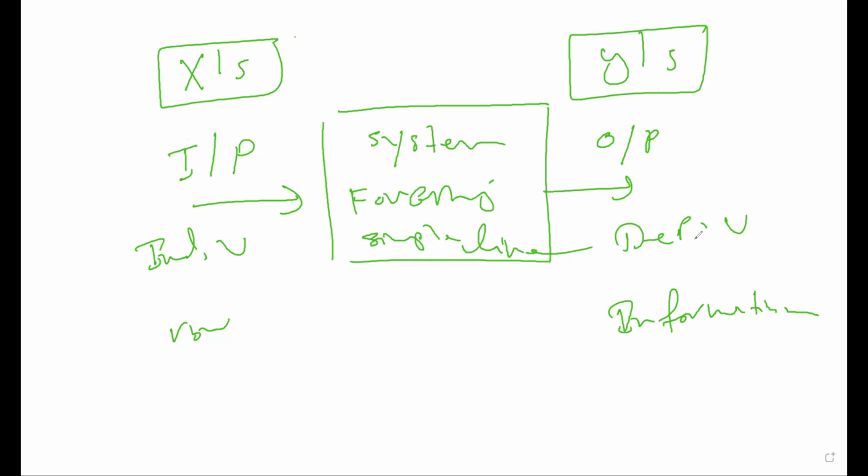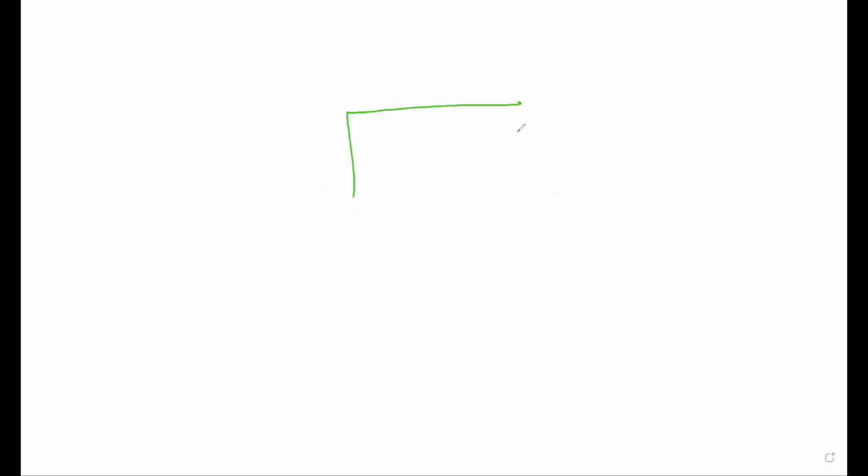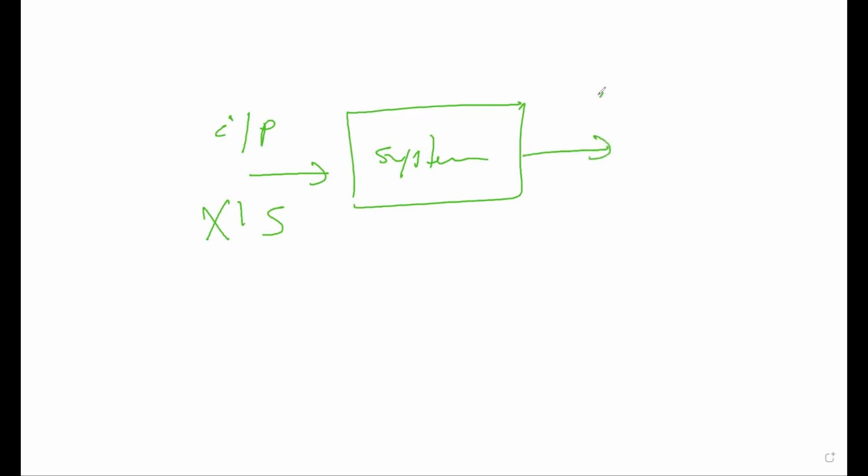Any system, dear students, you should note, includes in its input the x's, which are independent variables, and in its output there are y's, which are the dependent variables.